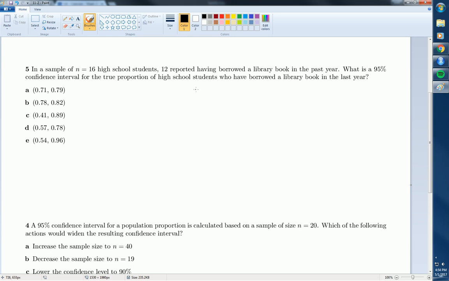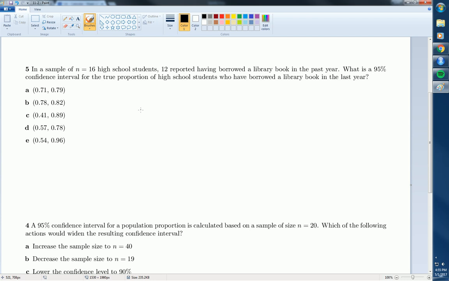Number 5 says, when we take a sample of 16 high school students, 12 of them reported using the library. What is the 95% confidence interval for the true proportion of high school students who have borrowed a library book in the past year?